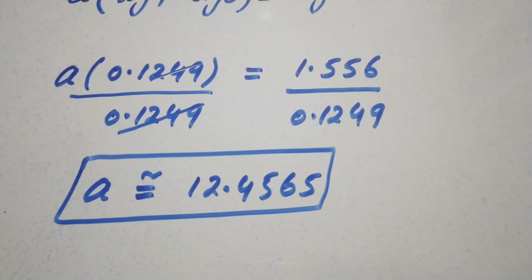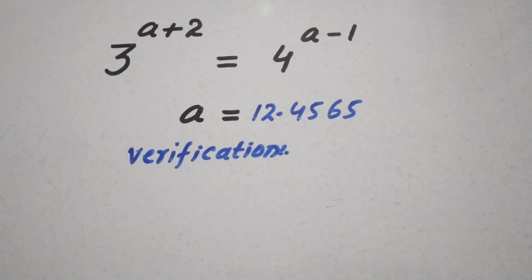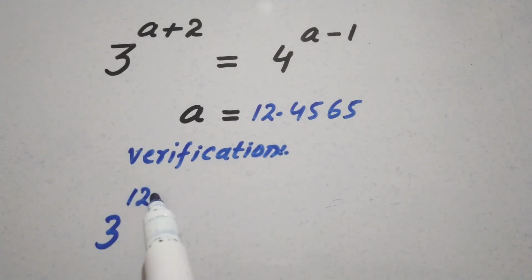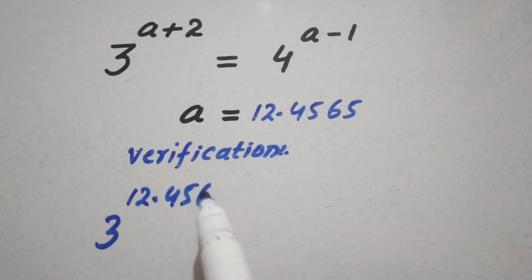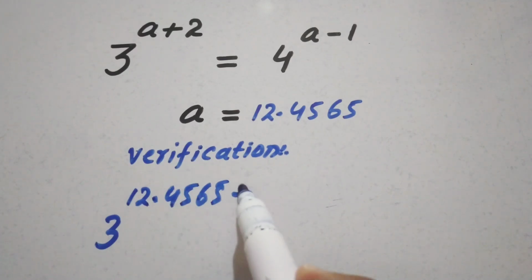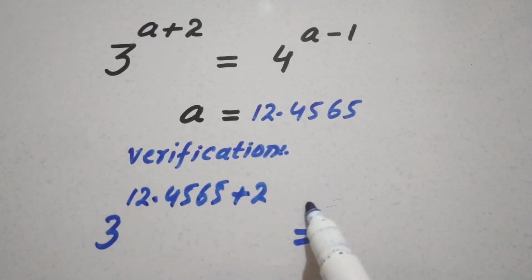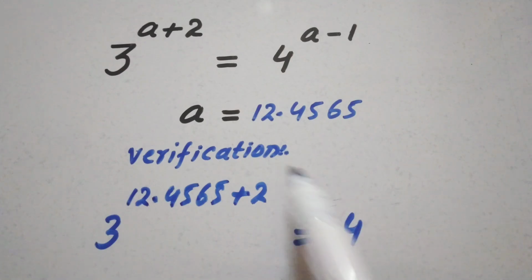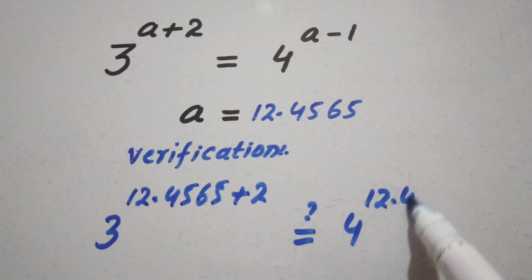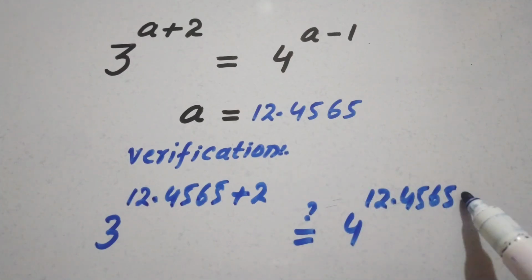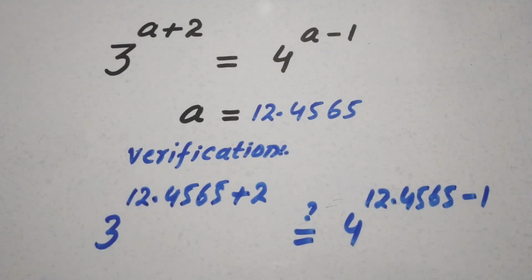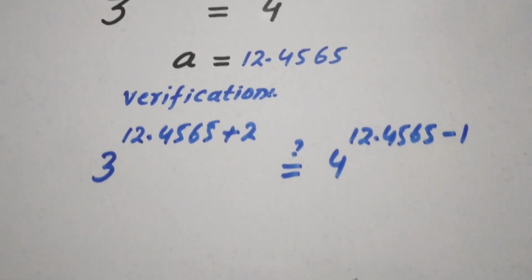Now let's verify whether this value of a is valid or invalid. By using the value of a here, this will become 3 power 12.4565 plus 2, and at the right hand side we have 4 power 12.4565 minus 1. We are going to prove whether left hand side is equal to right hand side.